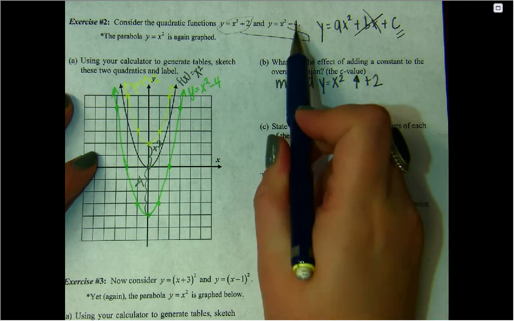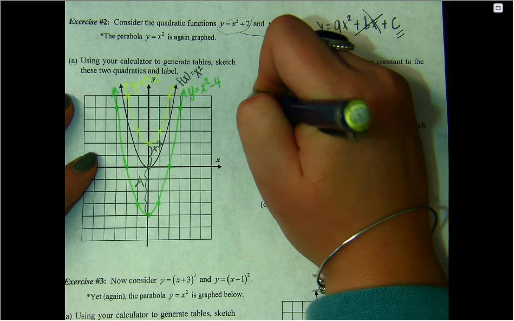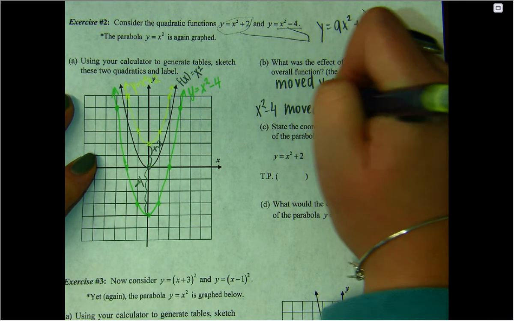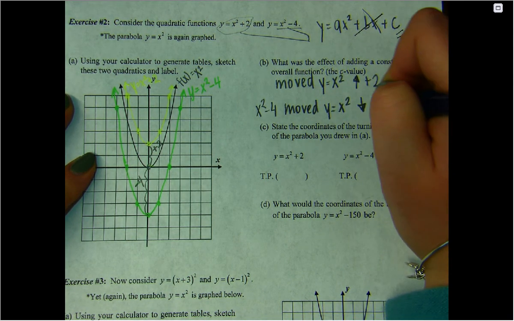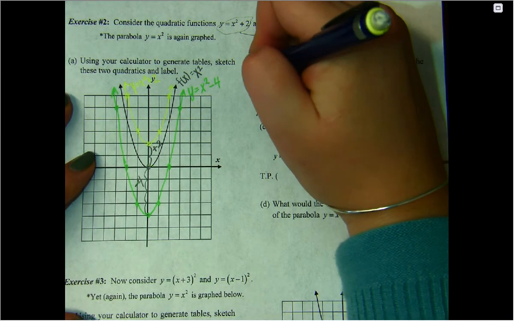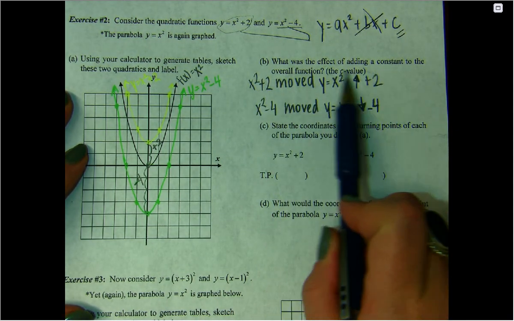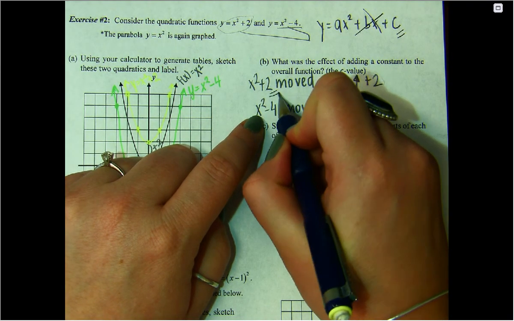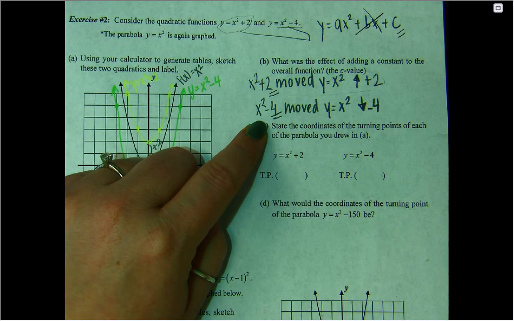What happens when I did x squared minus 4? Okay, so x squared plus 2 moved the graph y equals x squared up 2 units because I put a plus 2 on there. This one moved it down 4 because I said minus 4.